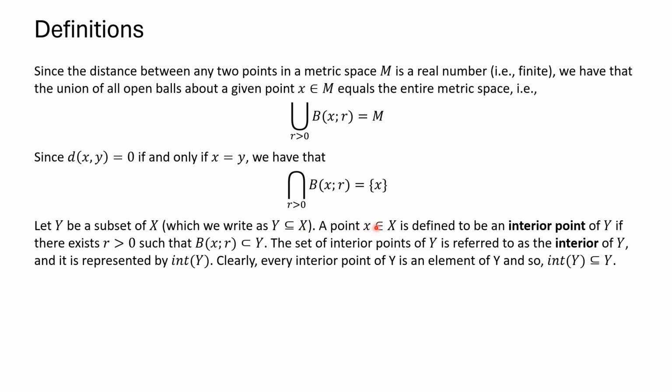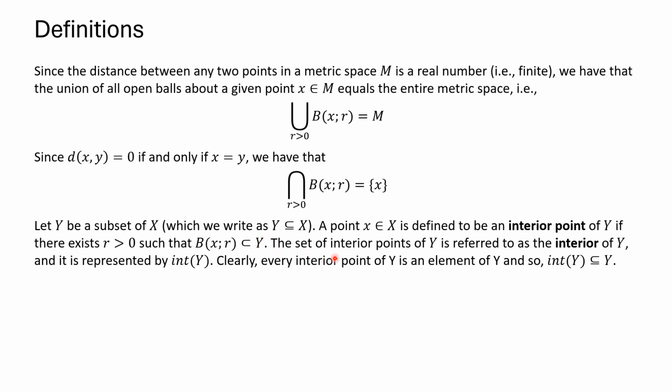So a point little x of X is defined to be an interior point of y if there exists a radius r greater than 0 such that the open ball about x of radius r is completely contained in y. I showed you that on the first slide with our little example, where I had the red point and the open ball within the set.